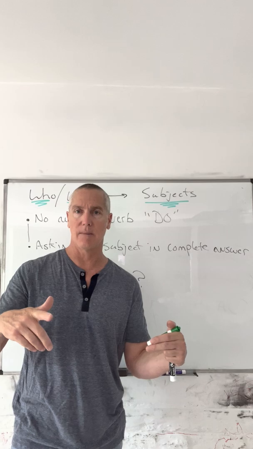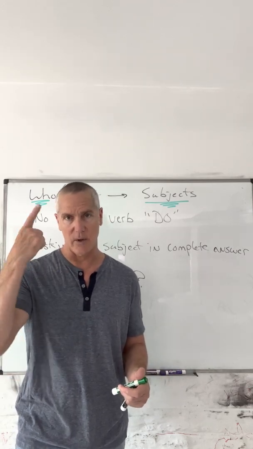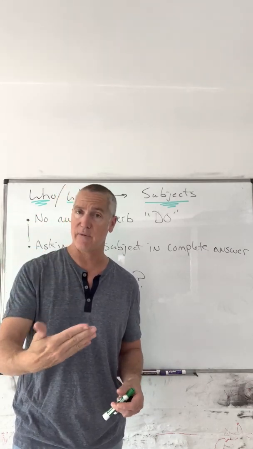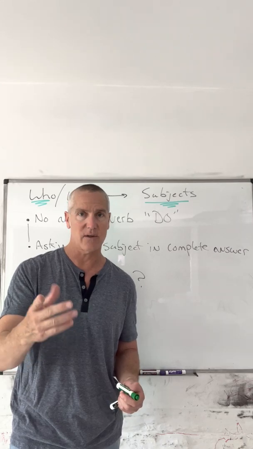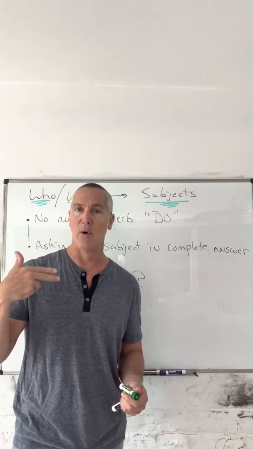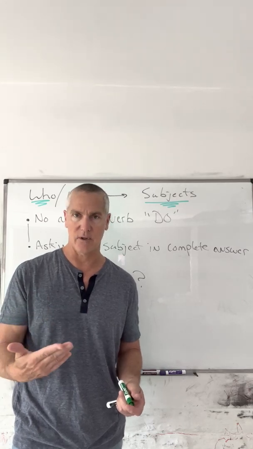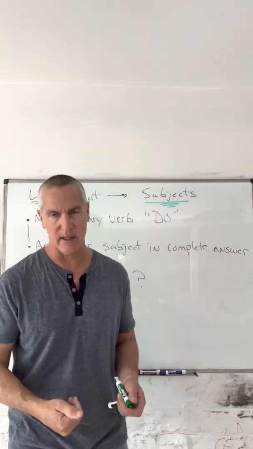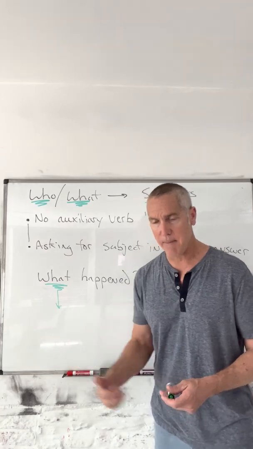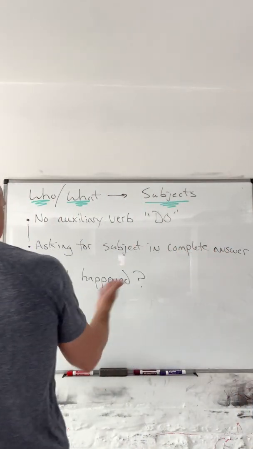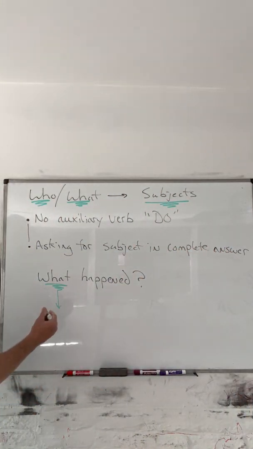No, you need to be spontaneous. You're going to memorize some common phrases and expressions, so you're not thinking before you speak or write. No, that's not natural. So you're going to memorize some common phrases and expressions like this one: What happened? So, for example, then the answer could be something like this.